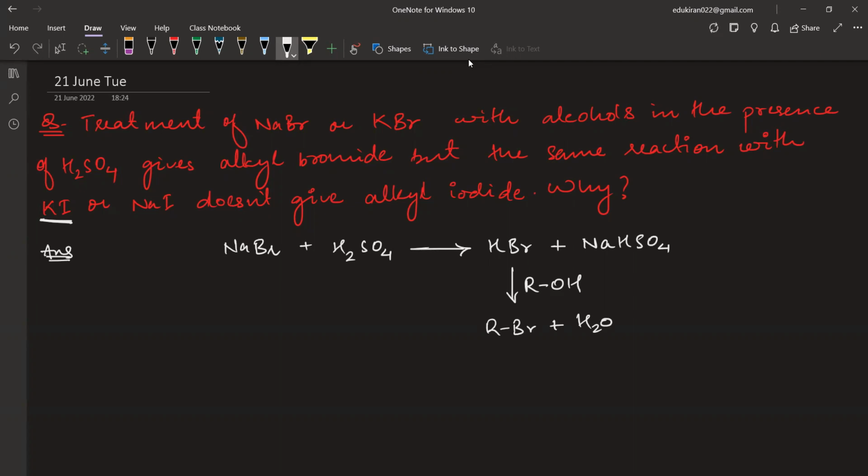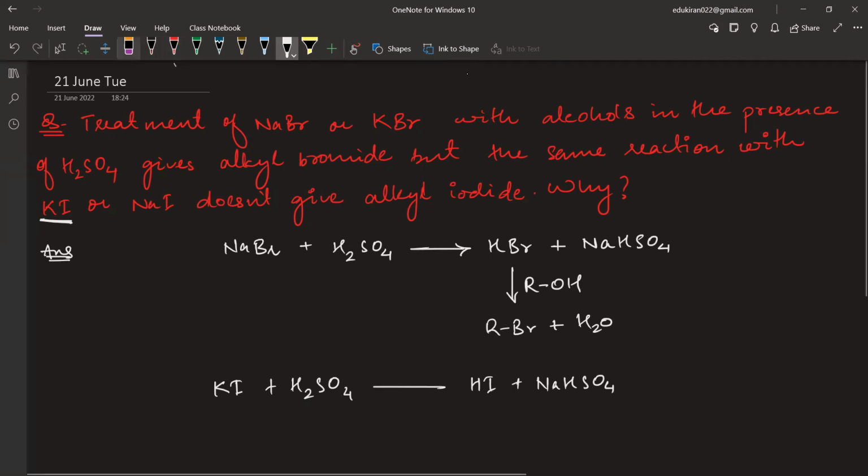Now what will happen if I react NaI or KI plus H2SO4? This reaction is going to give me HI plus, oh, not NaHSO4. Rather, I should write KHSO4 because we have potassium ion. Now, further, what happens with H2SO4?